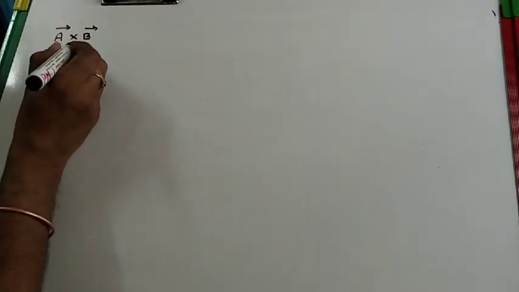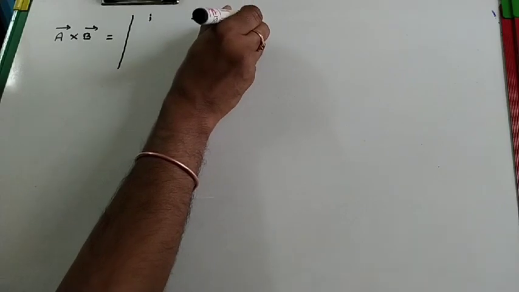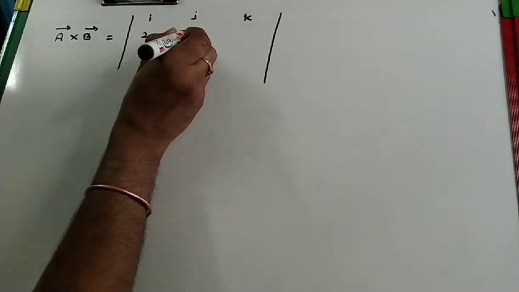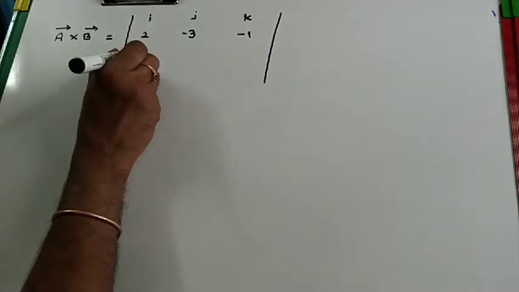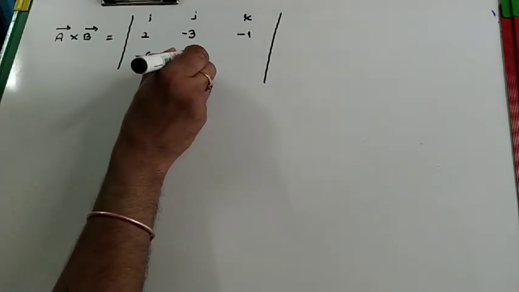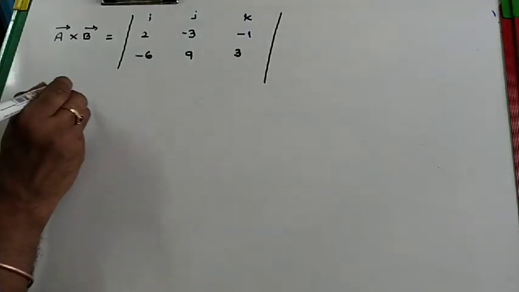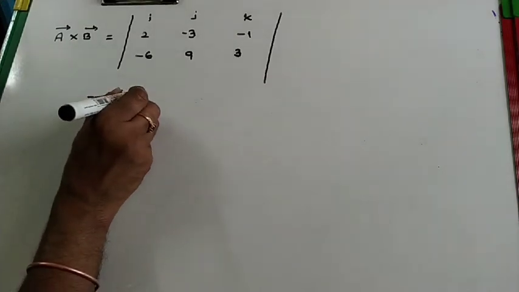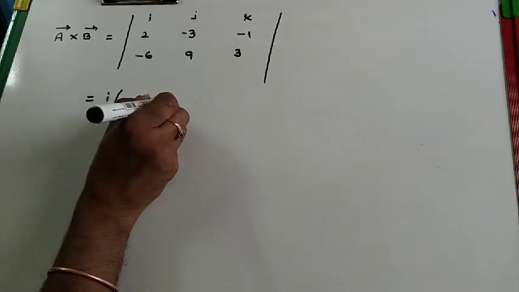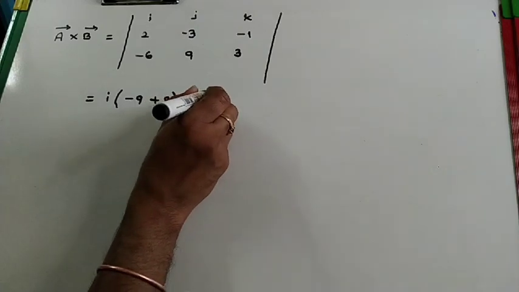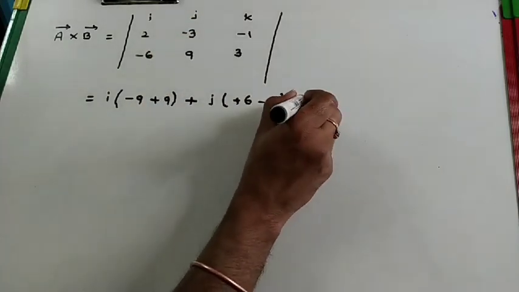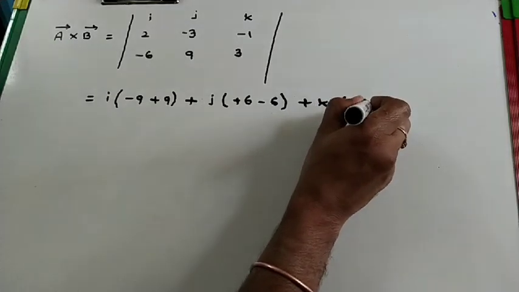A cross B vectors is equal to i j k, 2 minus 3 minus 1, minus 6 9 3, that is equal to i into minus 9 plus 9, plus j into plus 6 minus 6, plus k into 18 minus 18.